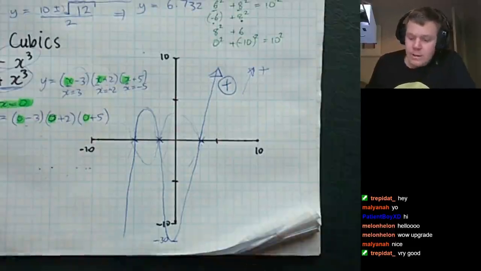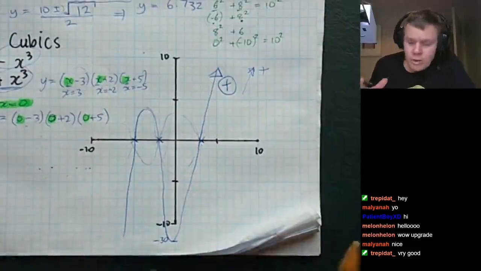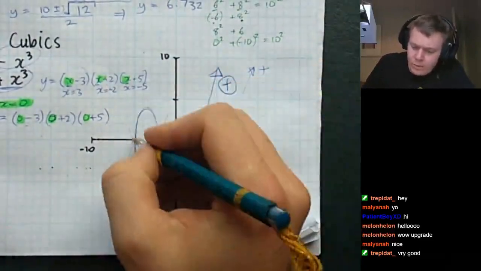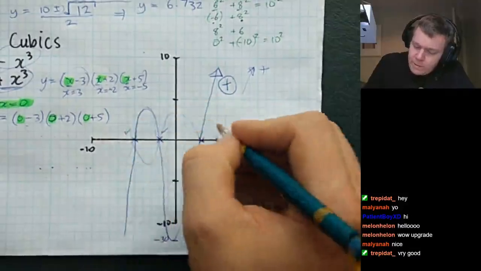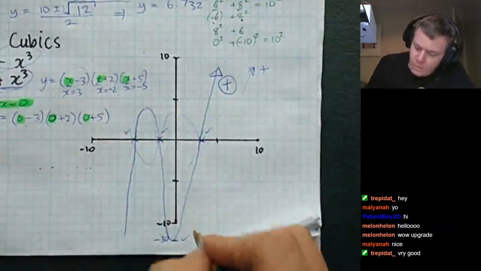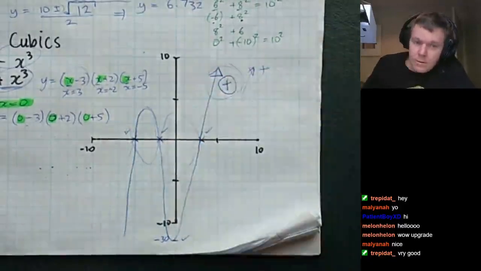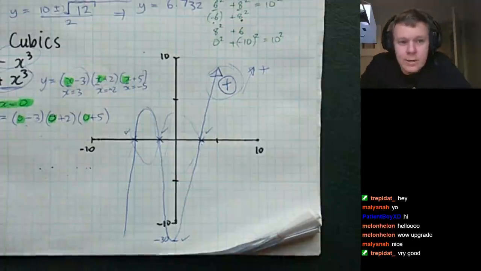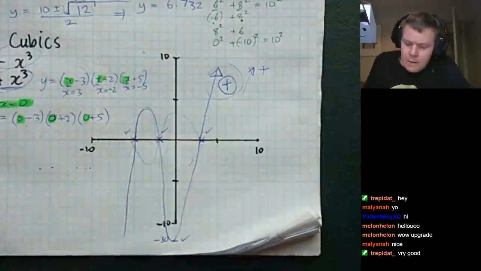So with a cubic, when you're drawing it, you only need to get a couple of points. You need the 3 x-intercepts and the y-intercept, and that it's heading positive. If I see all those three things, then I'll give you the mark. It doesn't have to look pretty.